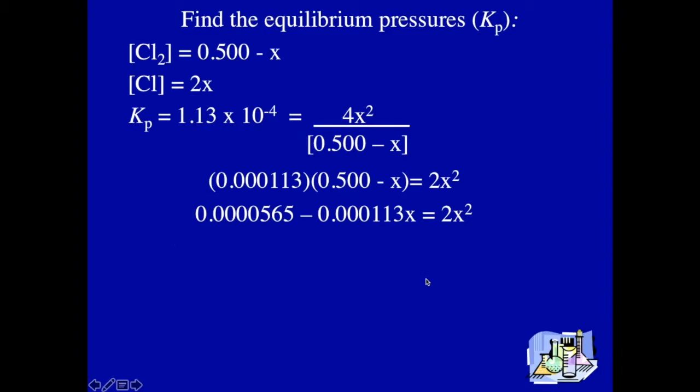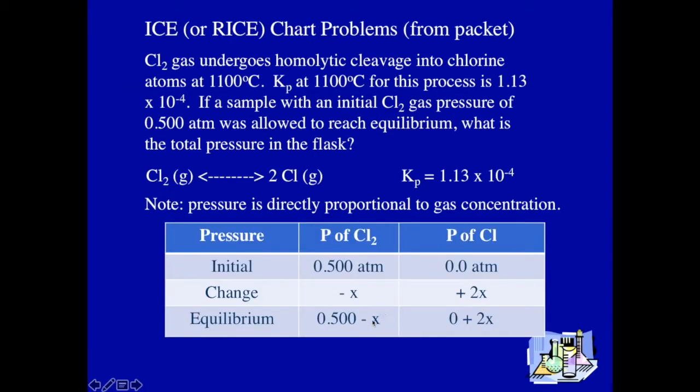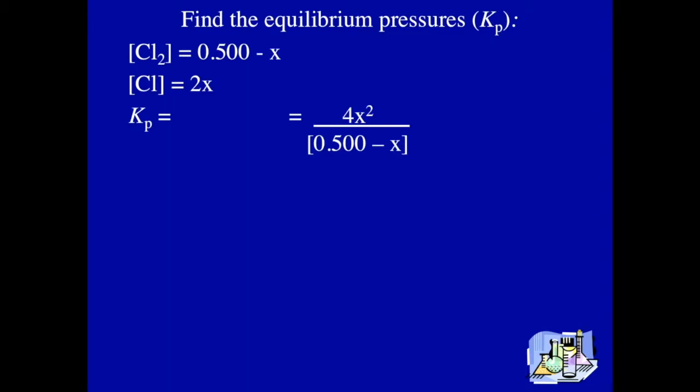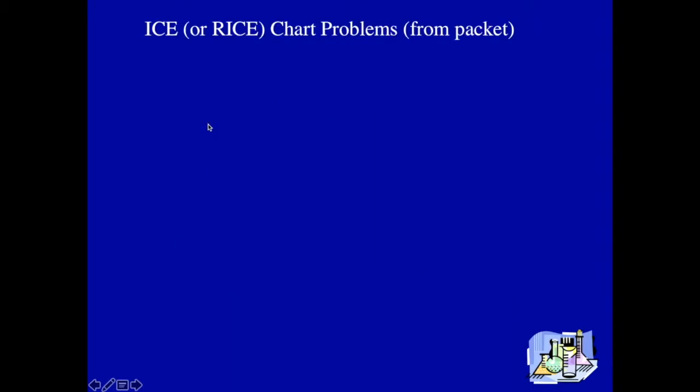If you had a negative pressure, that would mean that my pressure increased for no apparent reason because my concentration of chlorine increased. You can't do that. So I only have one logical answer here, which is 0.0037. This would be 0.0037 atmospheres because this unit was atmospheres. Therefore, all of these units are atmospheres because this is a unitless number.